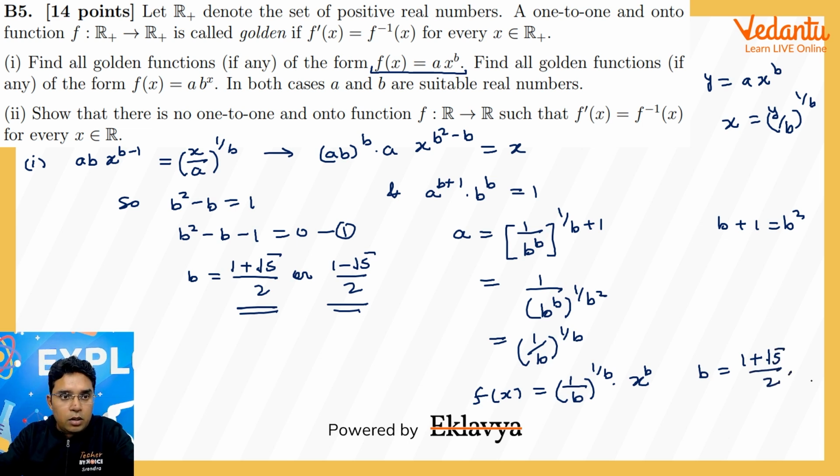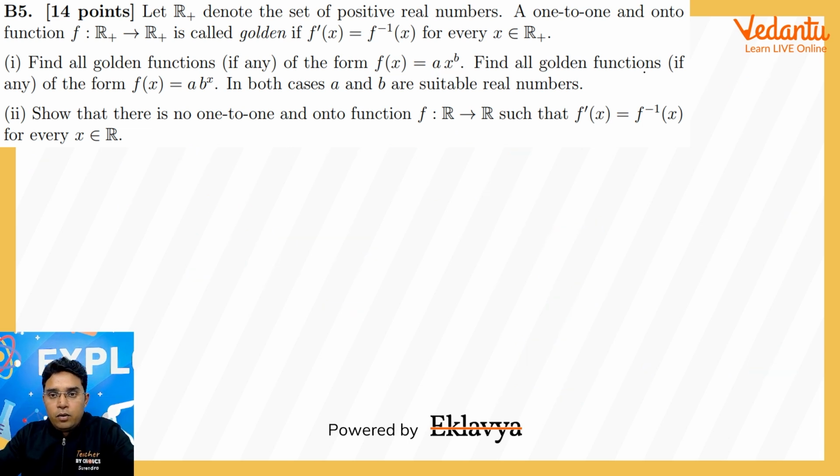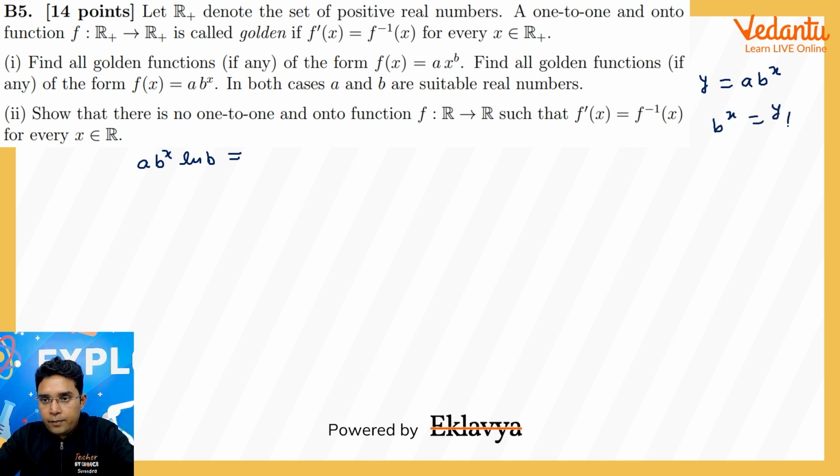Okay. Now coming to the second part. Find all golden functions of the form this. So f dash x here will be a b power x into ln of b, and the inverse here would be, I think we will be writing y is equal to a b power x. So b power x will be y upon a.